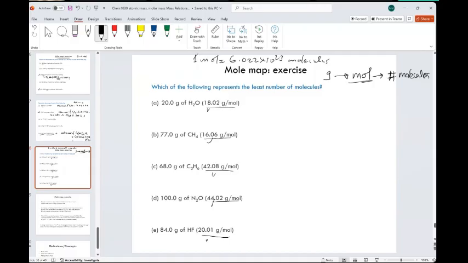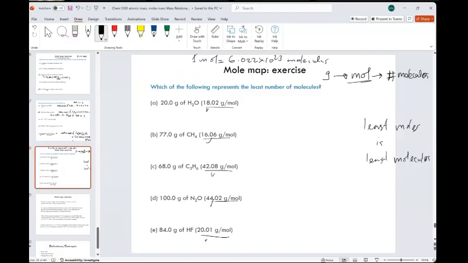So the final answer: least moles is least molecule. You will find the mole value from each of these, and then you need to see which one is the least in value. Then that is the least number of molecules, because 1 mole equal to this Avogadro 6.022 number, right? That's the relation. So least number of mole means least number of molecules.